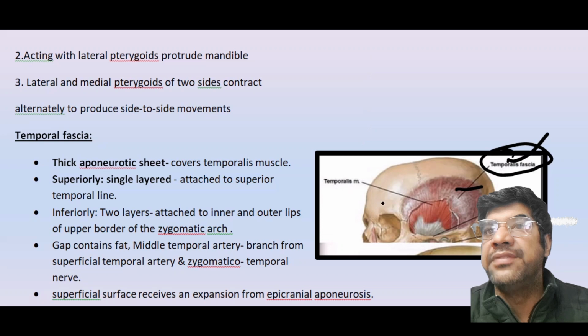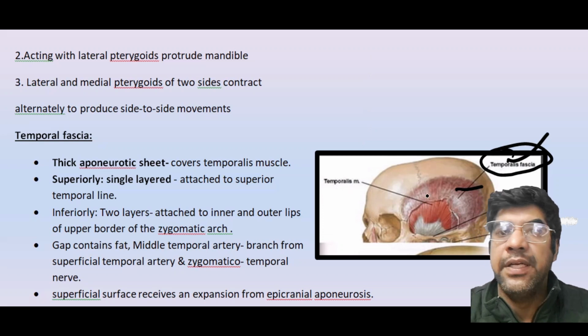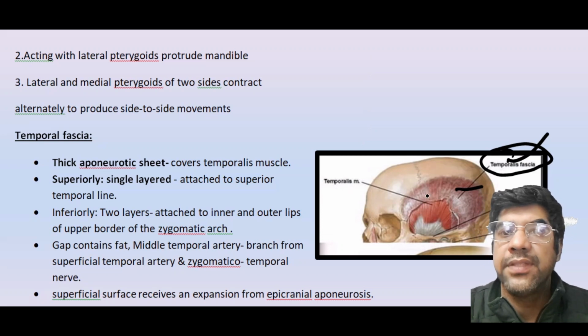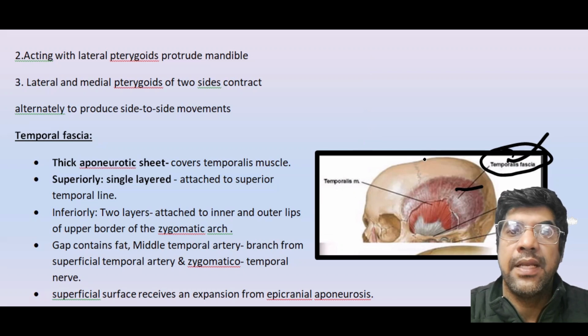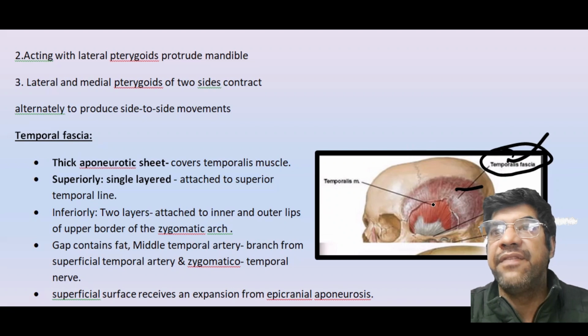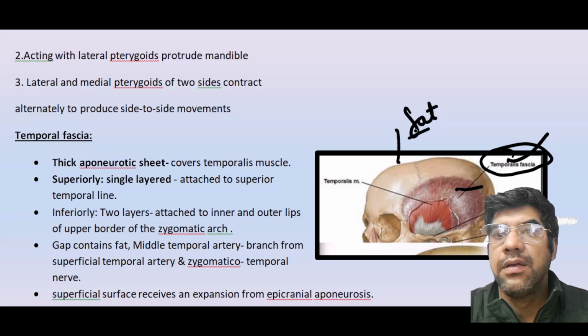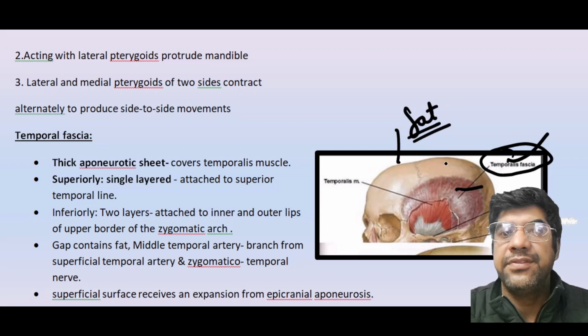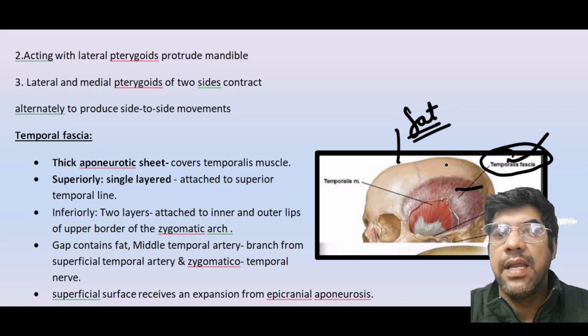Inferiorly, this temporalis fascia splits into two layers. These layers are attached, inner and outer lips, to the upper border of the zygomatic arch. The small gap between the two layers contains fat, and it contains branches from the superficial temporal artery and the zygomaticotemporal nerve.